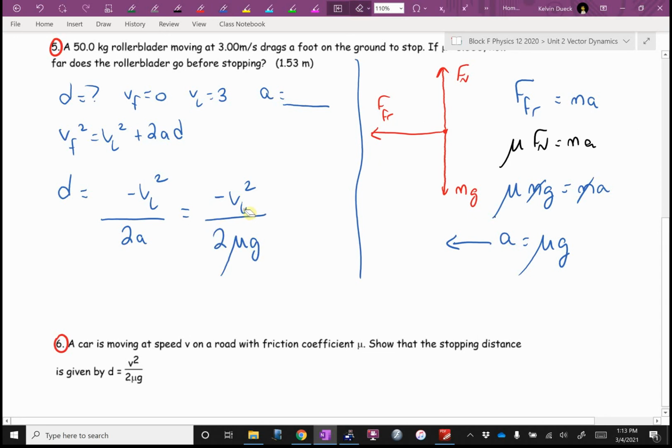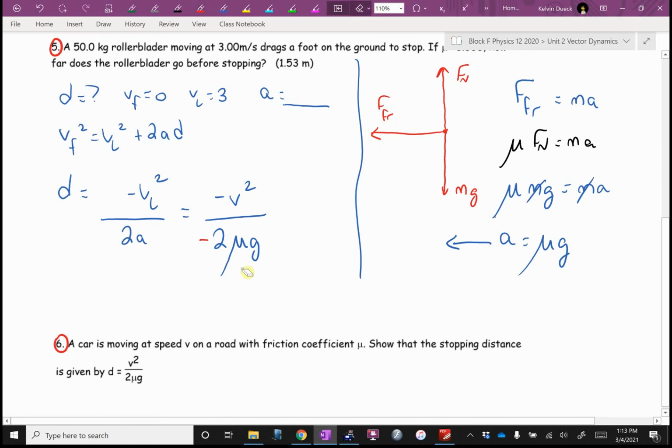Now, because there's only one velocity, often we don't even bother putting an initial or a final. We just put the v that they're giving you into the equation. And you can see it's almost the same, except I've got an extra negative on the top here. Why is that? Well, here we're slowing down. If I walked into my kinematics equation, I would have needed to stick an extra negative in to show that I was slowing down.